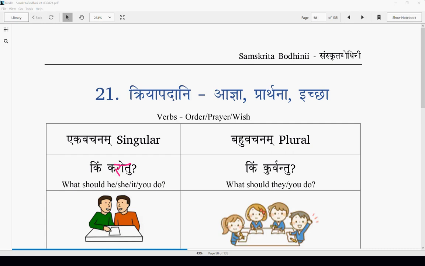In this sense, Lot Lakara is used. Lot Lakara forms are used in the sense of Ajna, Prarthana, Ichha.